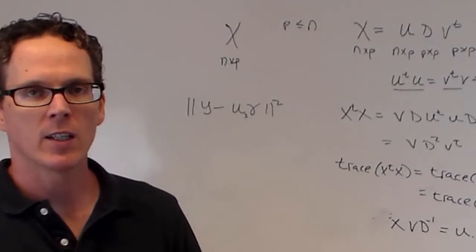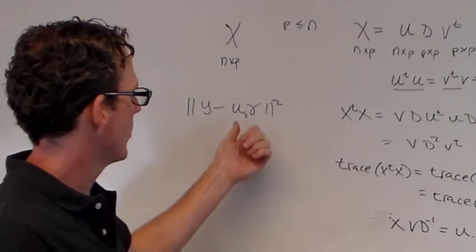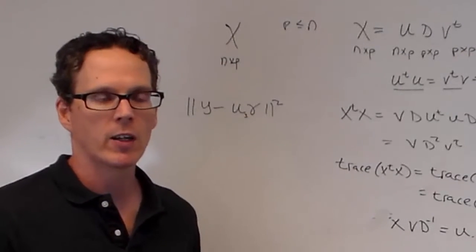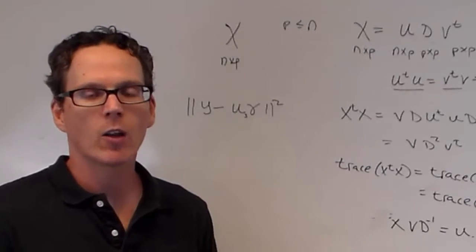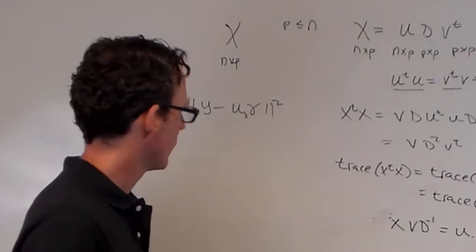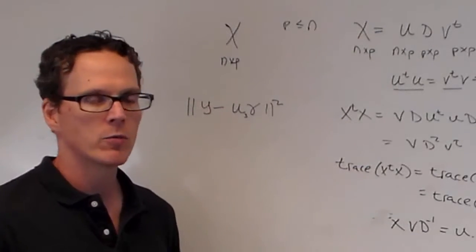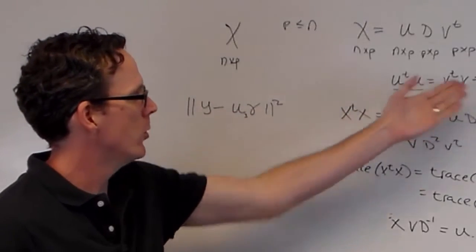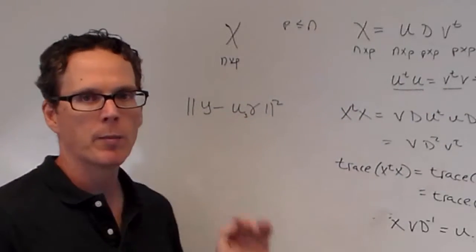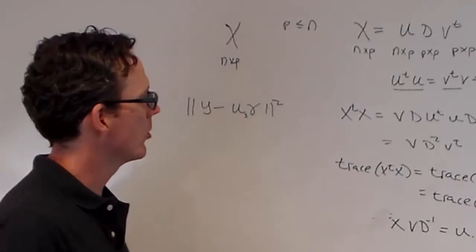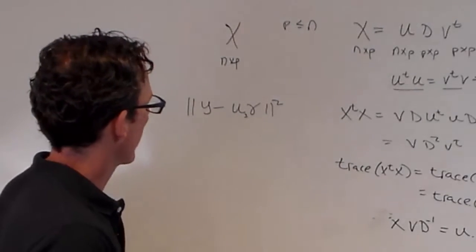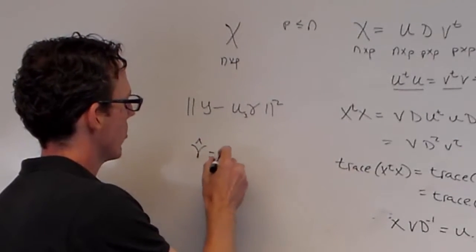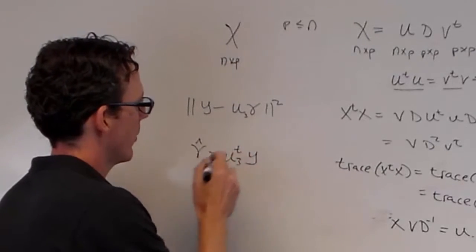You could use any number of the columns of u to do this, but you want to explore what percentage of the variation they explain and how tolerable that percentage is to your goals. But at any rate, our discussion from orthonormal bases notes that because u is orthonormal, grabbing any 3 columns of u, especially the first 3 columns of u, is also going to be orthonormal. And so our estimate of gamma, our gamma hat, is just going to be u3 transpose times y.